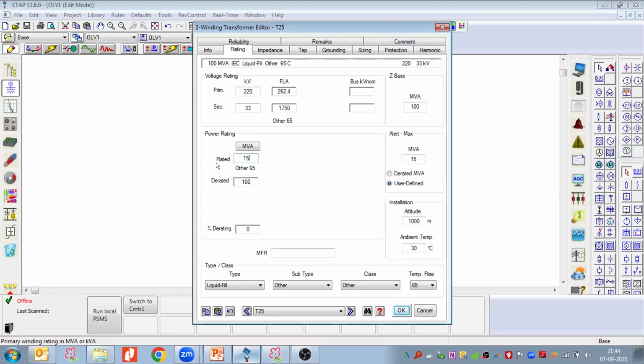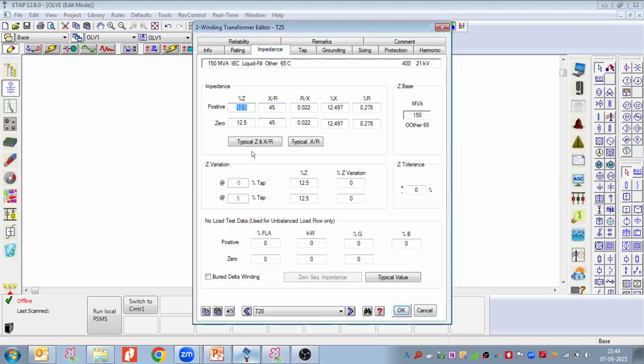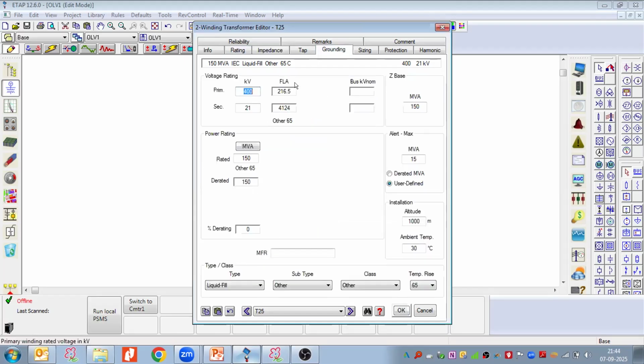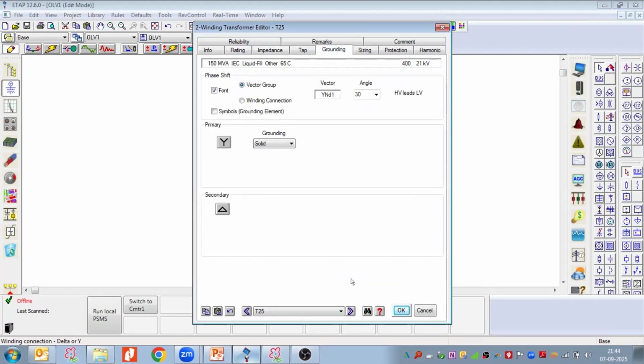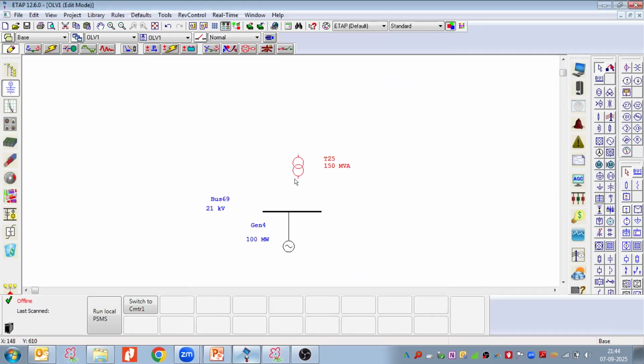I am going with 150 MVA, taking 21 kV on the primary, but my output voltage is 400 kV. The primary voltage, impedance and all those things we can go with typical. I will take all this transformer modeling separately just after this generator modeling. So I'm just going with some default values.